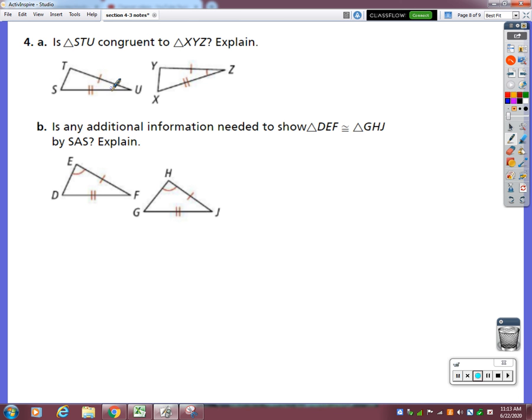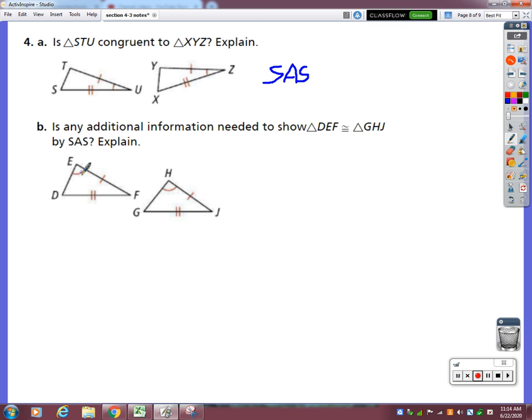Okay, is STU congruent to XYZ? Yes, because this side is congruent to that side, that one is congruent to that one, and then I have an included angle that's the same, so that's yes by side, angle, side. Is any additional information needed to show that these two are congruent?